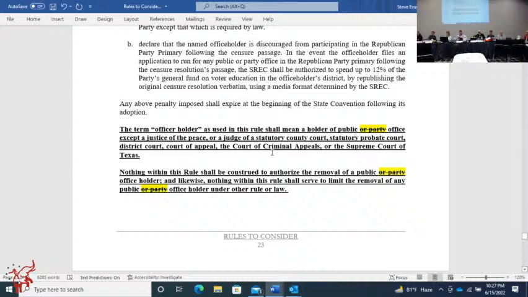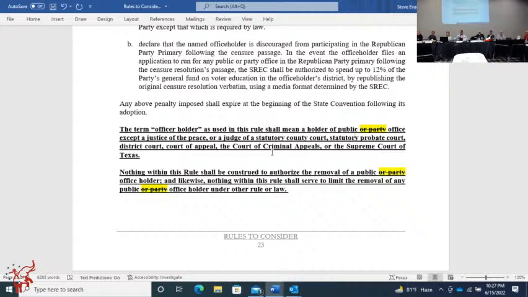Once again, in 8K, we spent quite a bit of time figuring out how we can hammer precinct chairs and party chairs. This right here basically narrows the scope of this to the public officials that everybody's so disenchanted with.